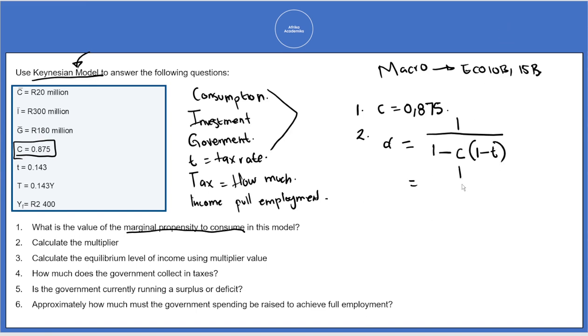You will have 1 over 1 minus the C, which is the one that we have over here, given to us, 0.875, and then you open a bracket, 1 minus the small t over here, 0.143. All right, like that.